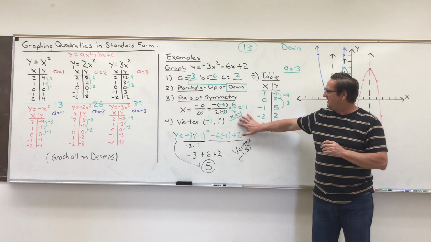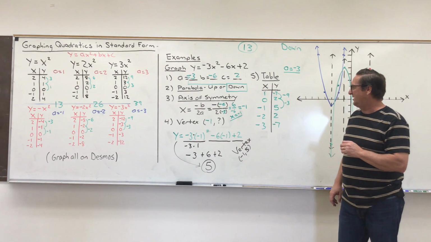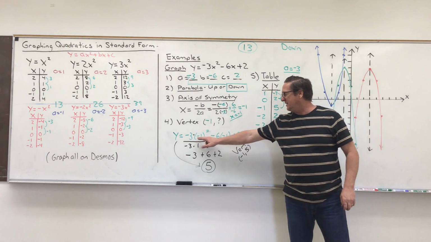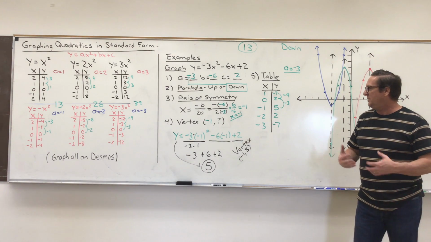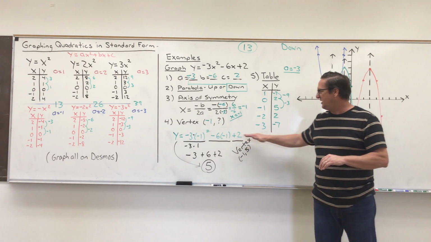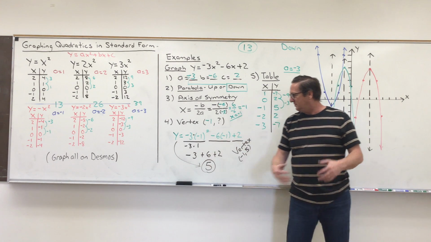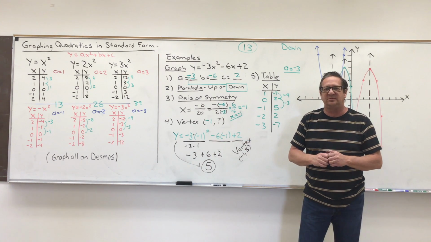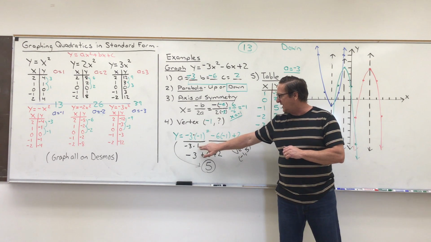So x equals -1 is the x value of my vertex, and I plug in -1 to find my y value. Once again, I've said it a lot of times, you can type it all in your calculator, but you've got to watch your parentheses. Or if you do old school order of operations, you have to remember that this has to be done first.